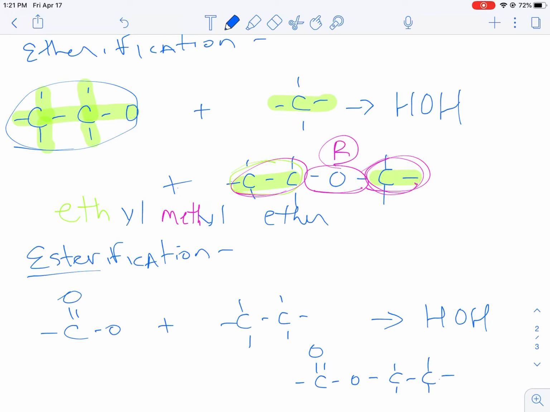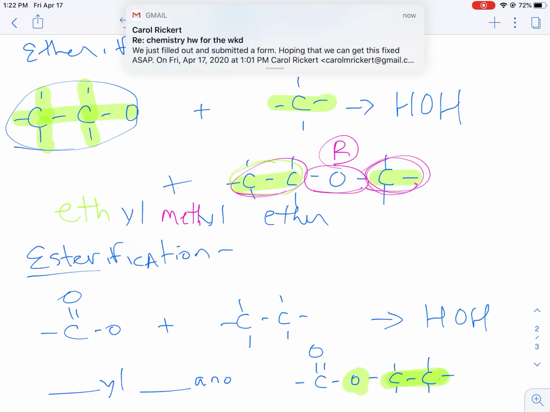If you notice how they named an ester on your reference table, you'll notice that this chain breaking O is the decider. What you're going to do pretty much is you name the right side first. So right there comes first in your naming pattern. So what you're going to do is you're going to fill in the blank, and then you're going to fill in the blank. All right.